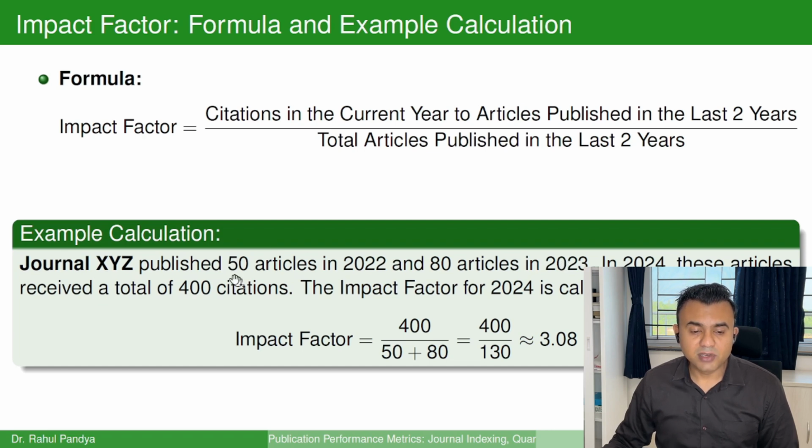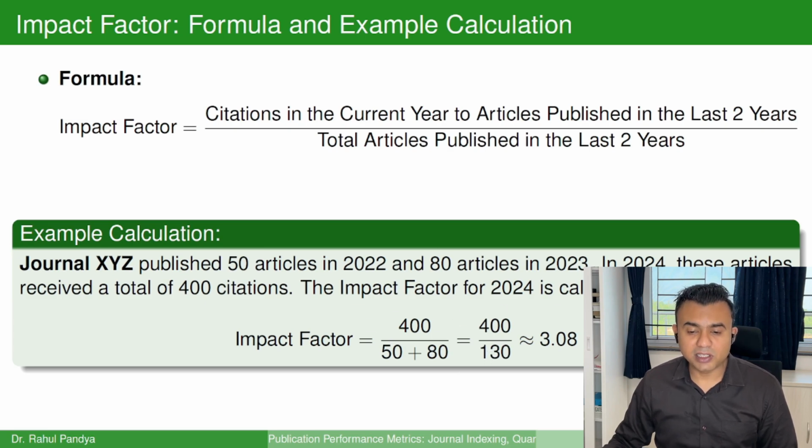That's why I am taking 50 articles published in 2022 and 80 articles published in 2023. So the total number of articles published in the last 2 years is 50 plus 80, which means a total of 130 articles.